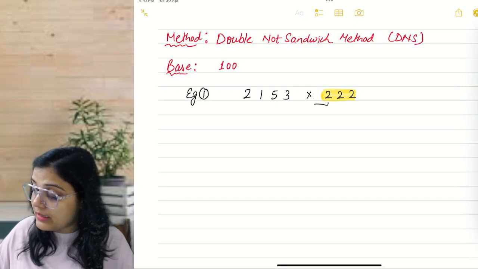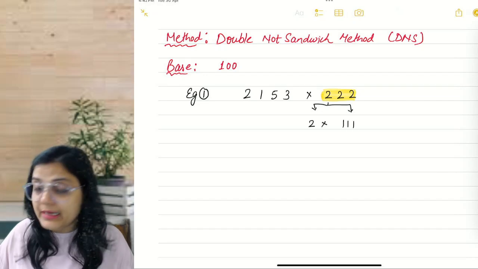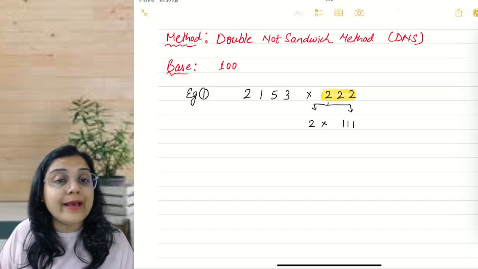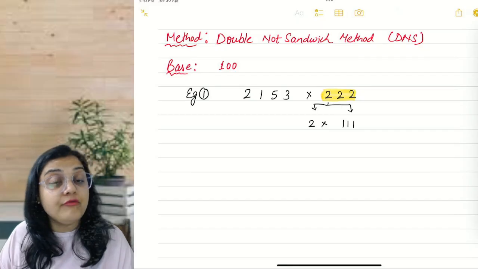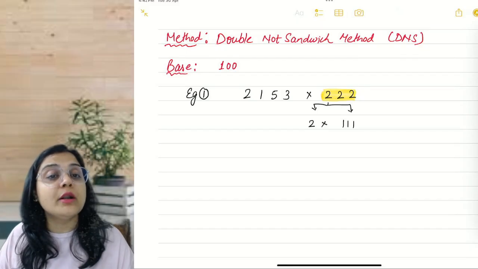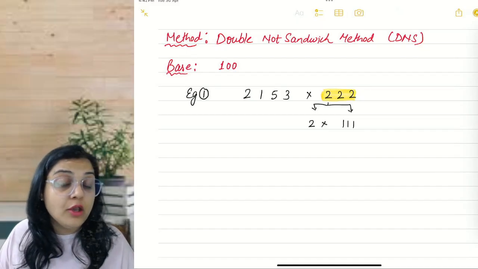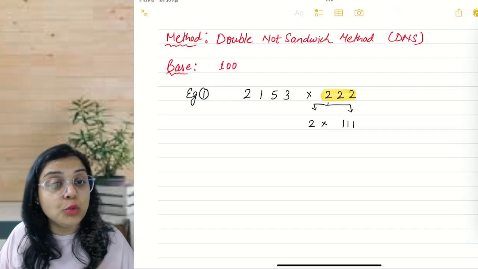Can I further write it like the product of two numbers, that is 2 and triple one, right? This process is called factorizing. I have factorized 222 as 2 into triple one, because 222 is the second multiple of triple one. So 222 can be written as 2 into triple one.